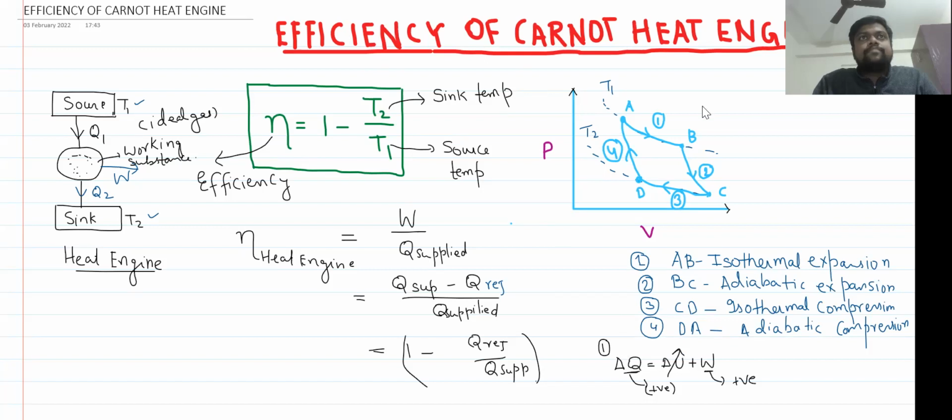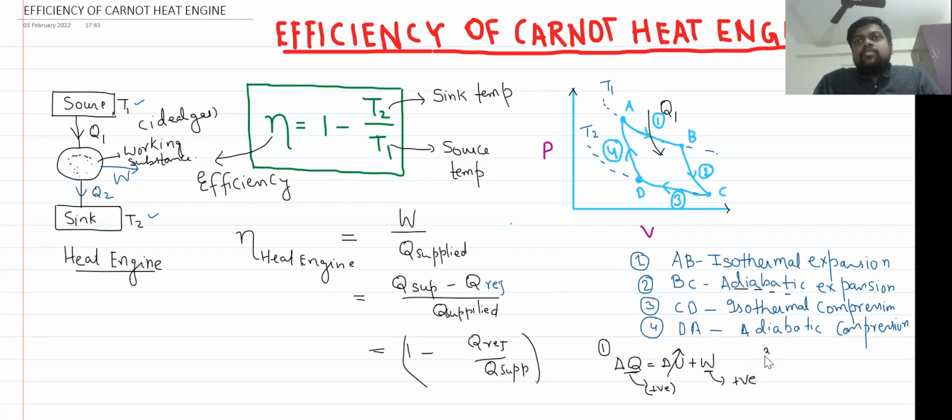Let us take in A to B, Q1 heat is supplied. B to C, delta Q is 0 because there is no heat exchange, because B to C is an adiabatic process.